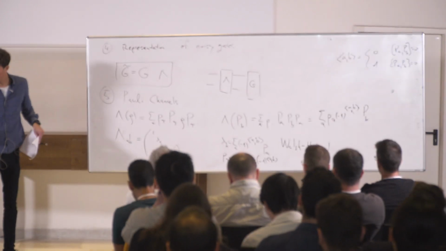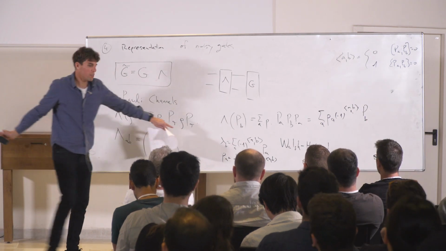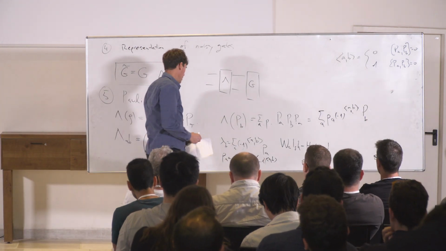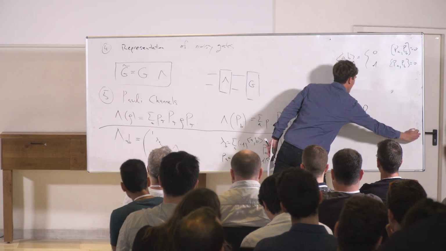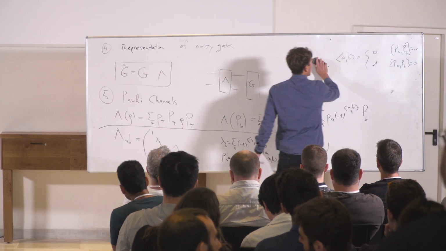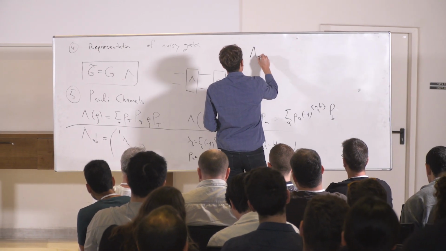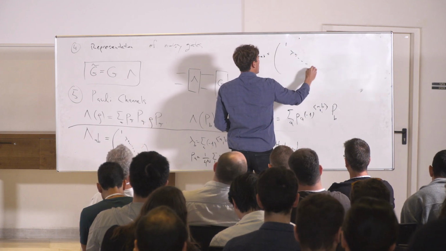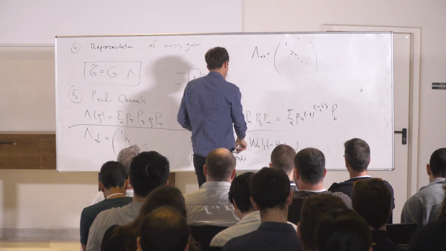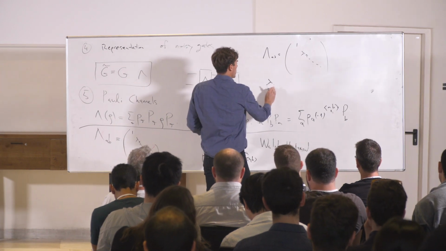So I'm just going to rewrite. My matrix lambda is diagonal, and this lambda A is what you just saw here.